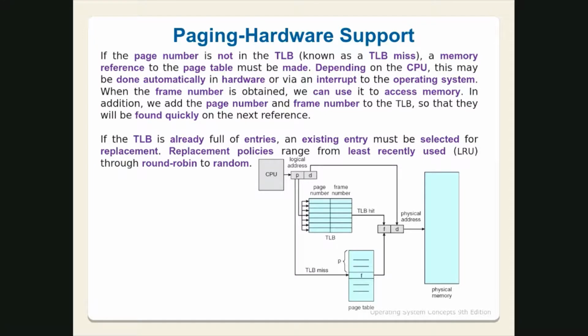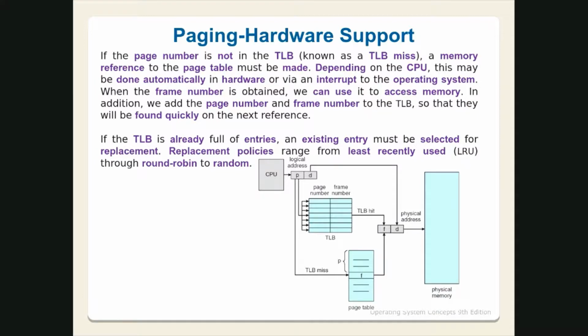Okay, so this is a solution: use a small, fast cache memory. Buffer means you can even consider it as a cache memory. When you compare registers and cache memory, of course, cache memory is faster than registers.